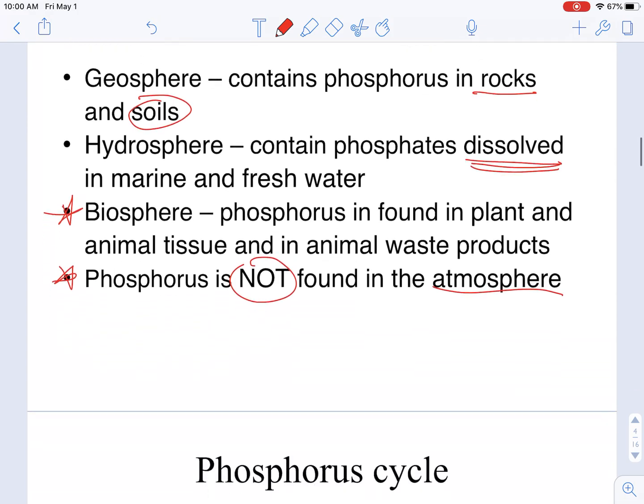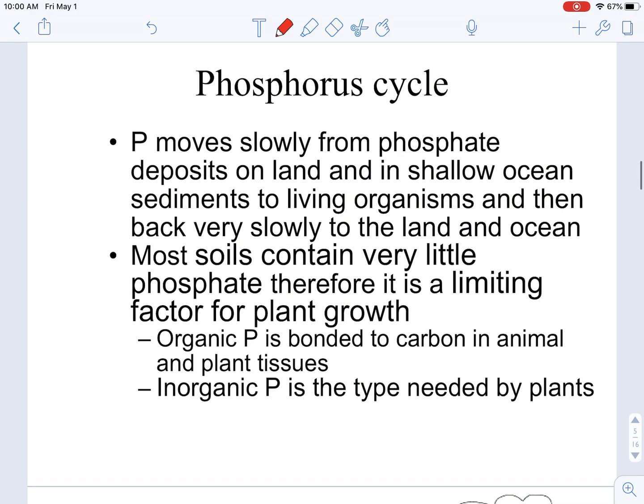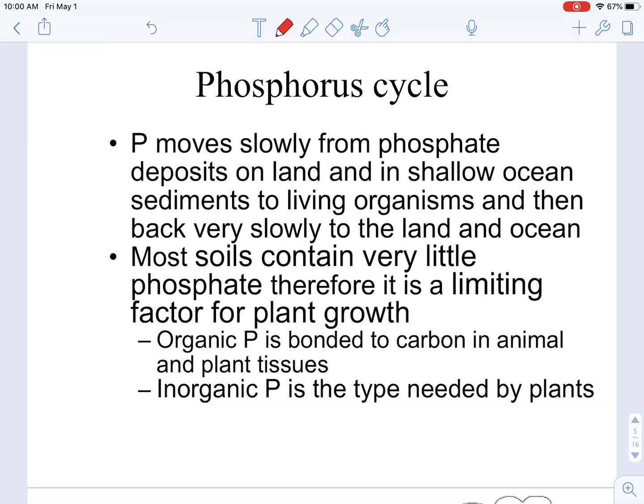Okay, so let's dive in a little bit more, okay, as far as a couple of key differences or similarities. One thing that's similar here is the idea that phosphorus is going to move slowly, okay? If you remember back when we were taking a look at the carbon cycle, there was a fast part and a slow part of the carbon cycle.